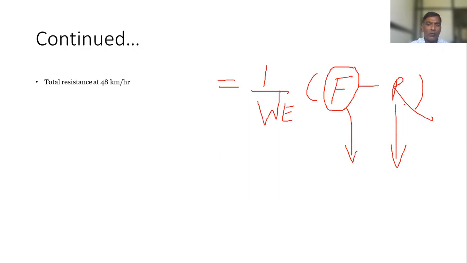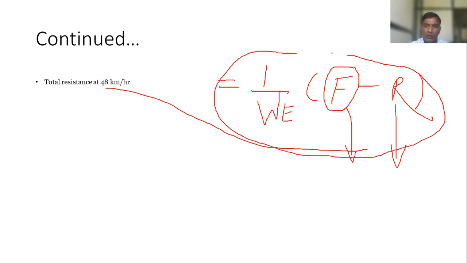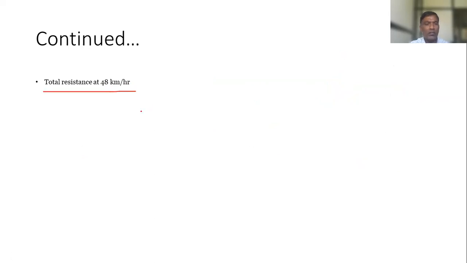Now our aim is to find out R at this 48 kilometers per hour. Remember this formula. So we have calculated this F. Now what is remaining? This R. So next line you can write total resistance at 48 kilometers per hour.